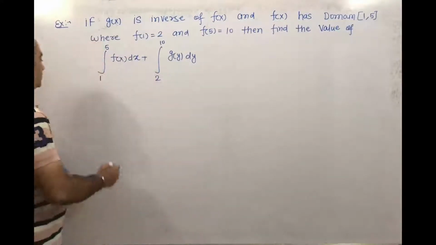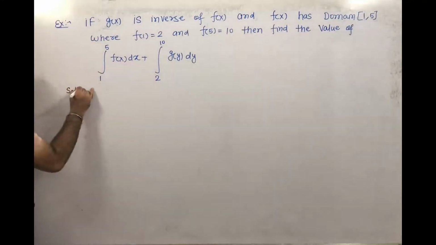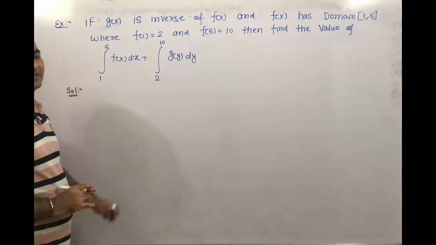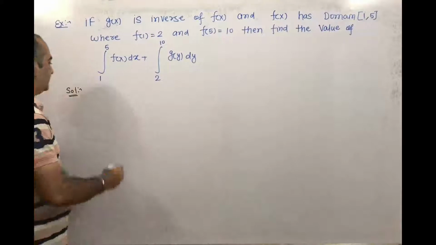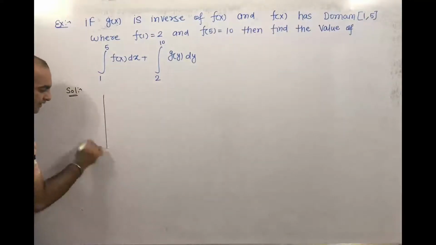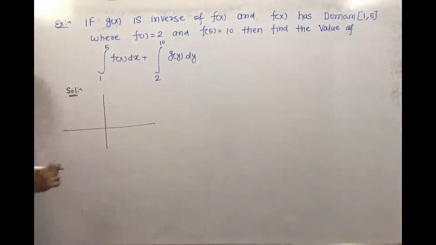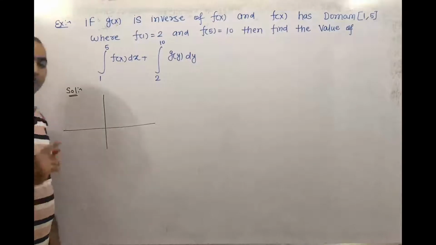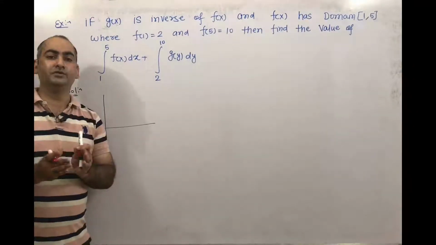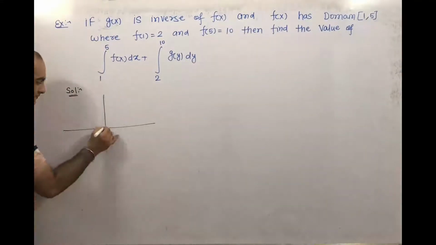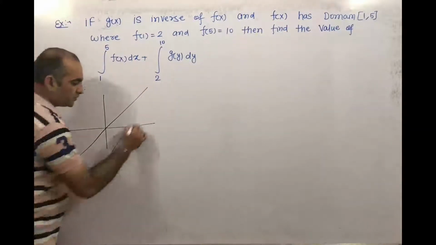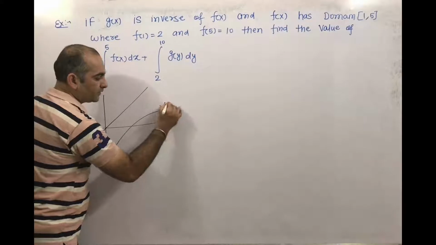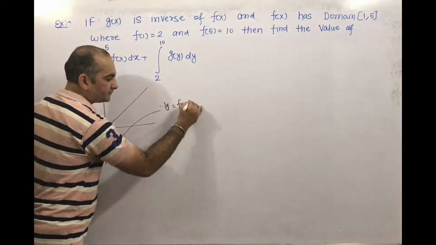So here, the solution. First you have to understand the meaning of g(x) being the inverse of f(x). That means this is the x-axis, this is the y-axis. We know the inverse function is the mirror image with respect to y equals x. So suppose this graph is y equals f(x).